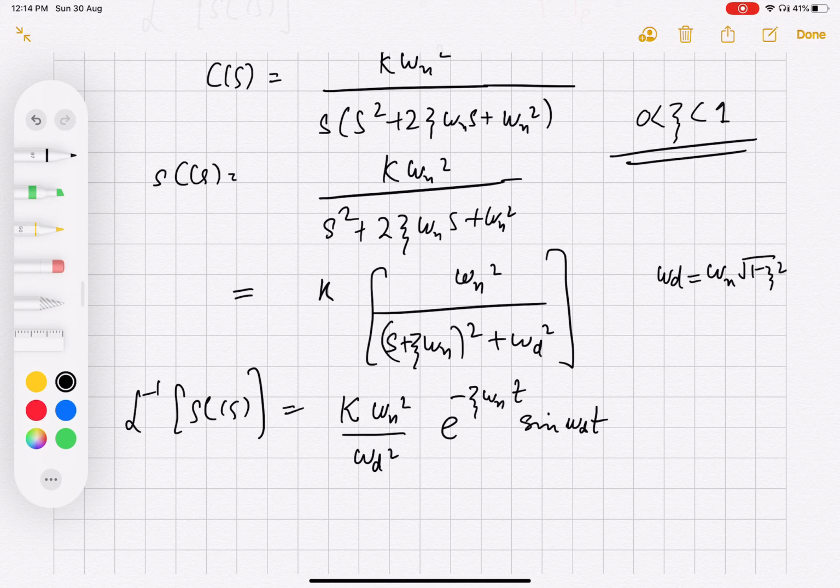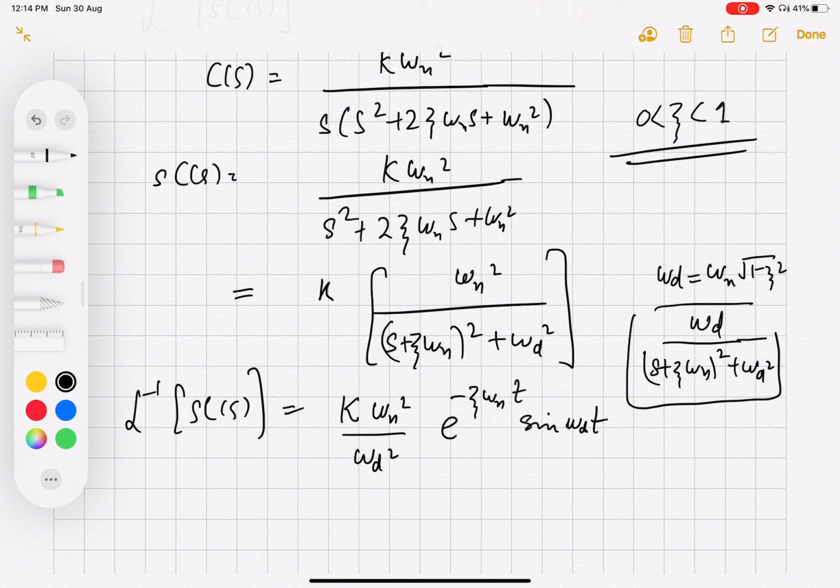Because the Laplace inverse of omega d over s plus zeta omega n whole square plus omega d square is going to be this term here. So you have to multiply and divide by omega d.